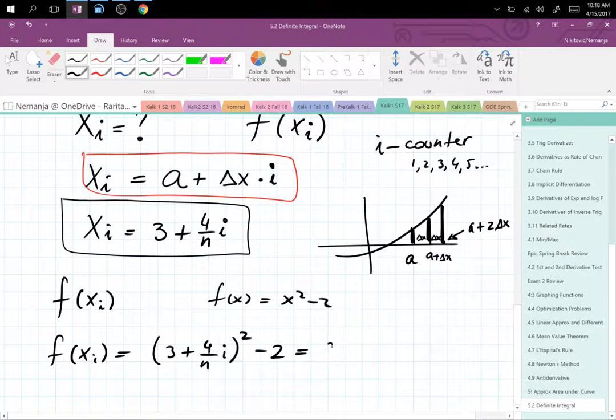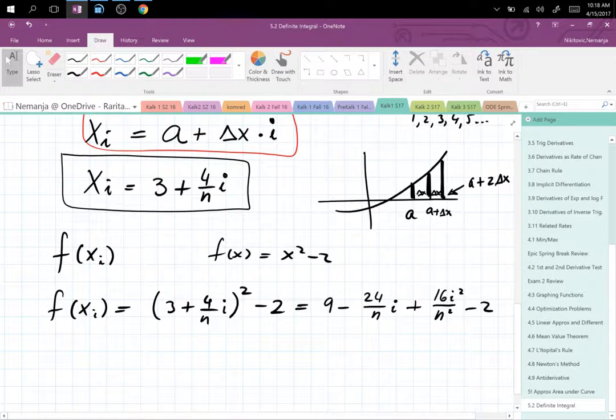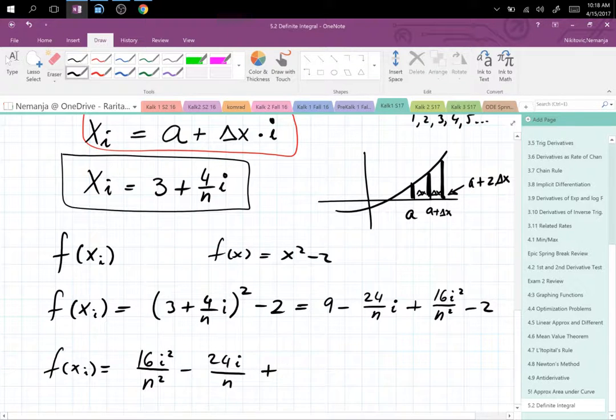It becomes 9 minus 24i over n plus 16i squared over n squared, and then minus 2 at the end. So f of xi is going to be 16i squared over n squared minus 24i over n plus 7.